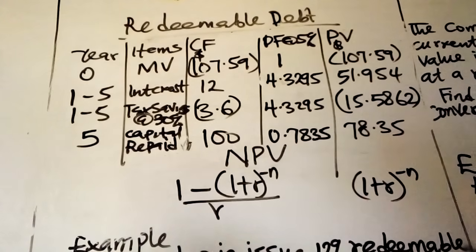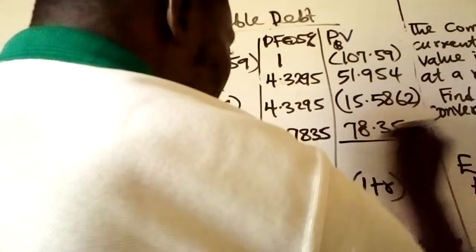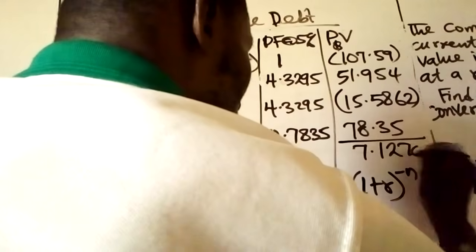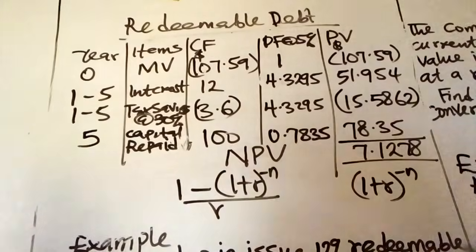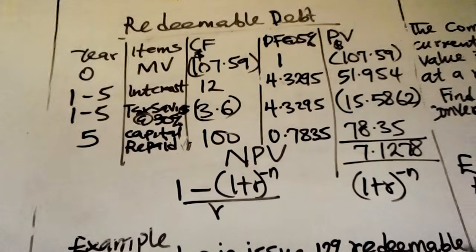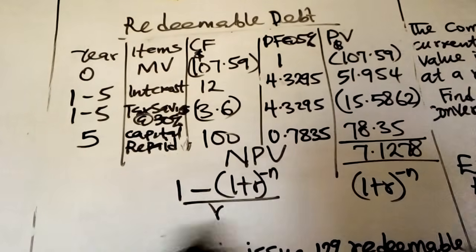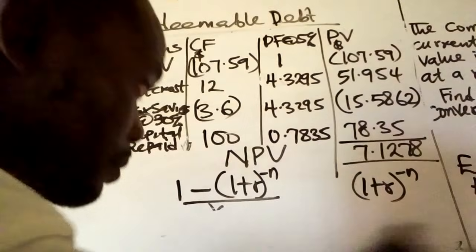Then we have 7.1278. We have positive NPV. Positive NPV of 7.1278. Since our net present value is positive, then you also calculate another NPV that will be negative.